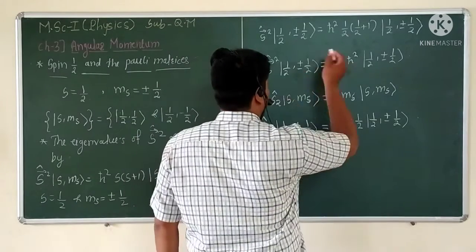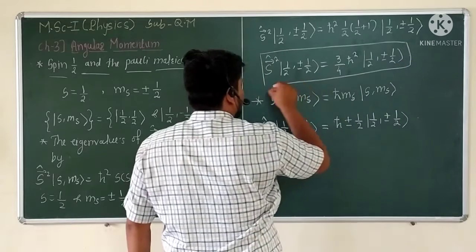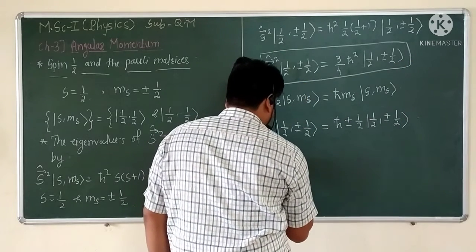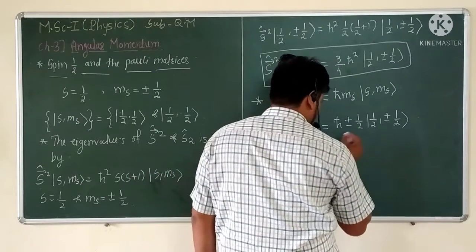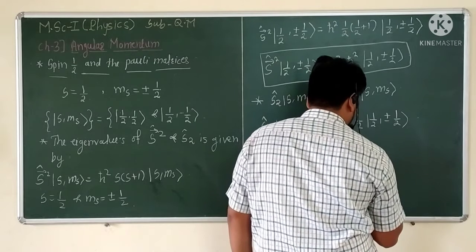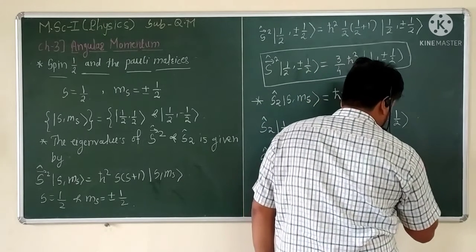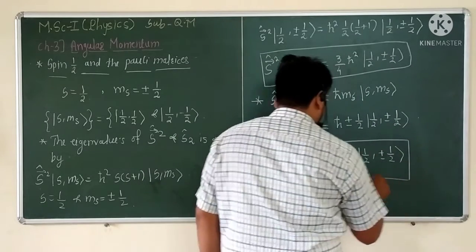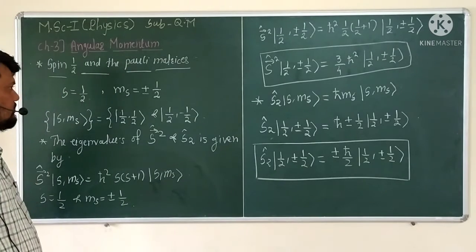So the final value of Sz: the eigenvalue of Sz cap of half comma plus or minus half is nothing but plus or minus h cross divided by 2 of half comma plus or minus 1 by 2. Okay, so this is the eigenvalue of Sz cap.